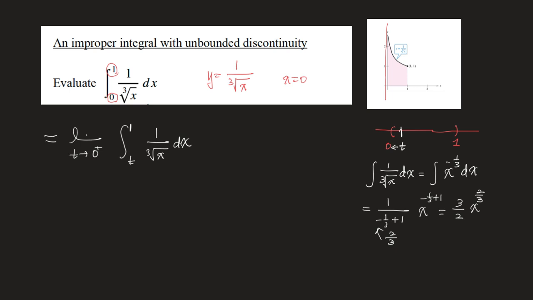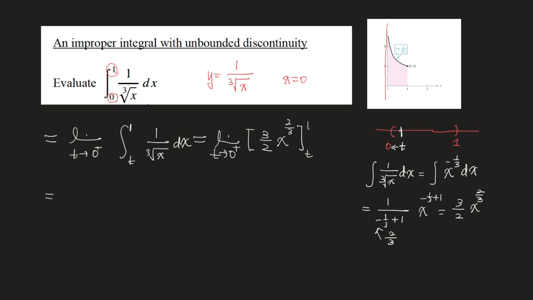So right here, the limit as t approaches 0 from the positive side of 3 over 2 x to the 2 over 3, from t to 1.